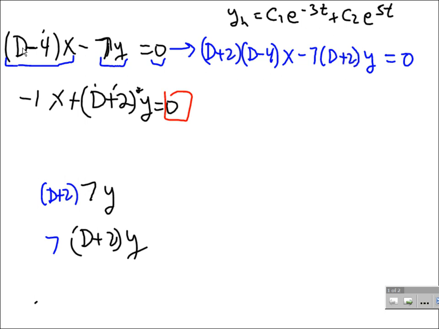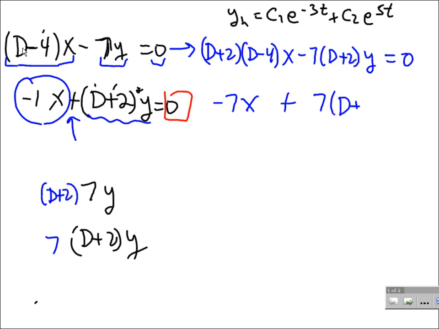I'm going to multiply by 7. When I multiply this term by 7, I'll get negative 7x. Plus, says plus. When I multiply this by 7, I'll get 7 times d plus 2y.